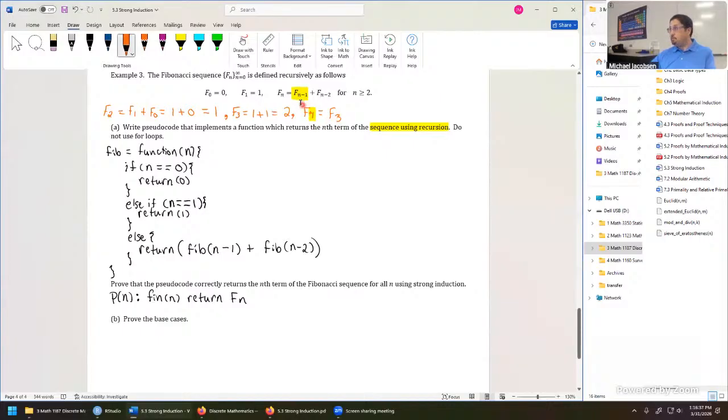So for the 4, plug the 4 here, and that's where we'll get f at 3. Then plug the index 4 here on that subscript, we'll get plus f at 2. And that's where we got the 2 plus the 1, giving us a 3.